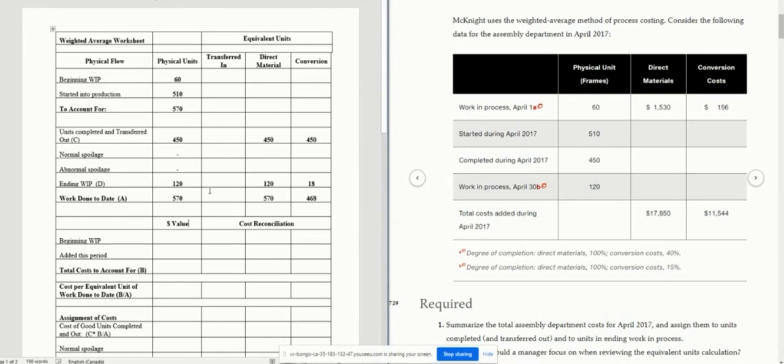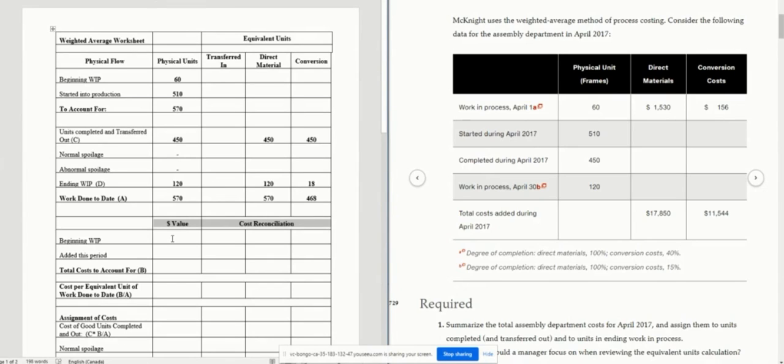So this part up here is all based on units, right? Now we want to look at basically the same information, or to a certain extent, in terms of dollars. Okay, so because we want to figure out a cost per unit.